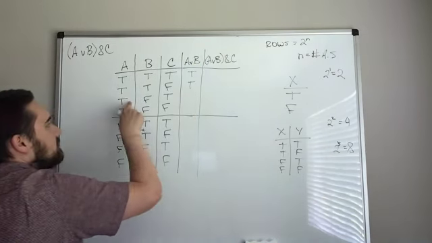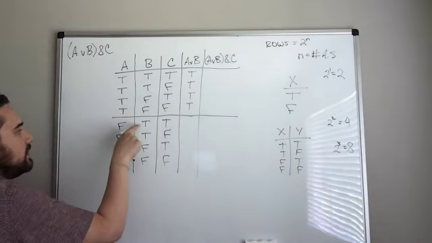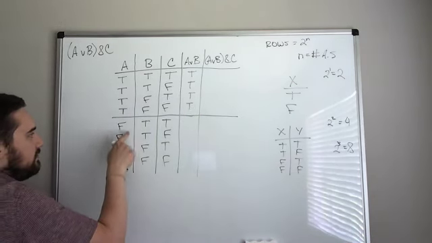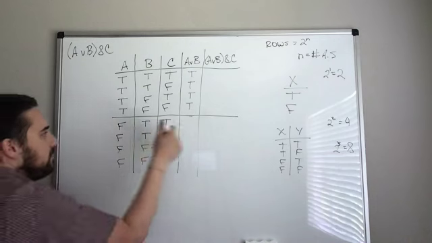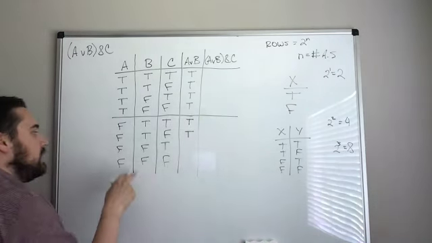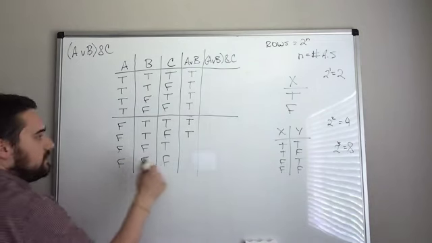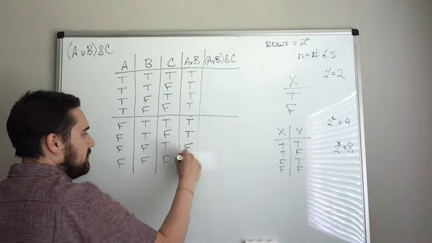Same here. 1 true disjunct, that's all it takes for the disjunction to be true. Again, here and here, in the 5th and 6th row, one of the disjuncts is true, which makes the disjunction true. And then again, in the final 2 rows, both disjuncts are false, which will make the disjunction false.